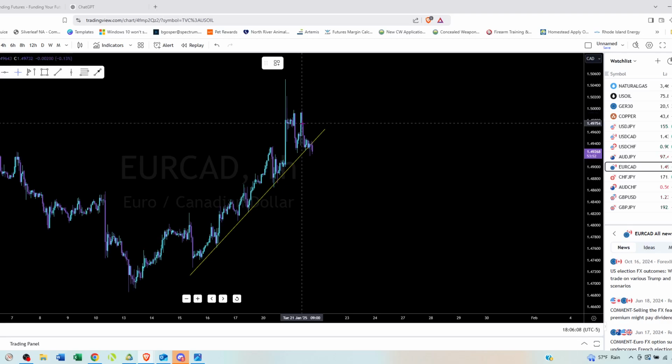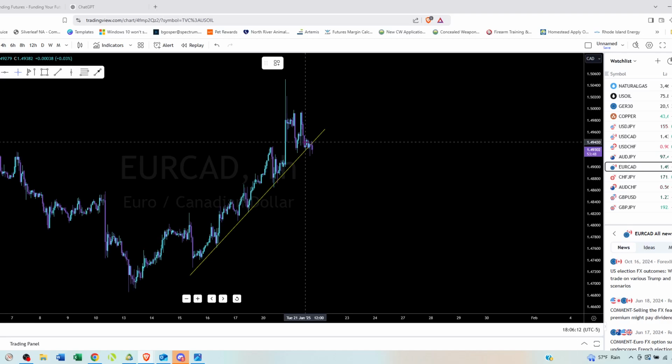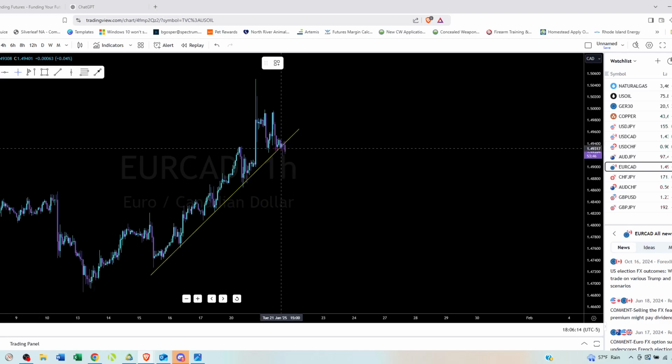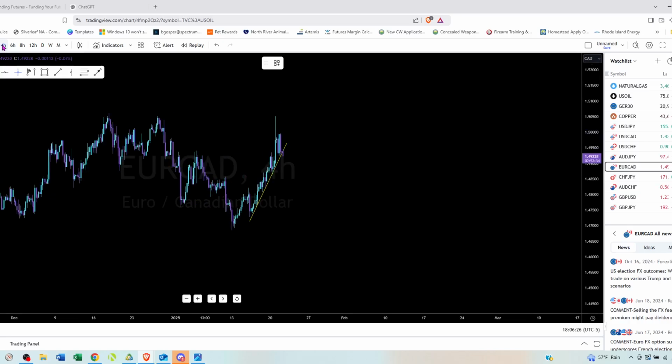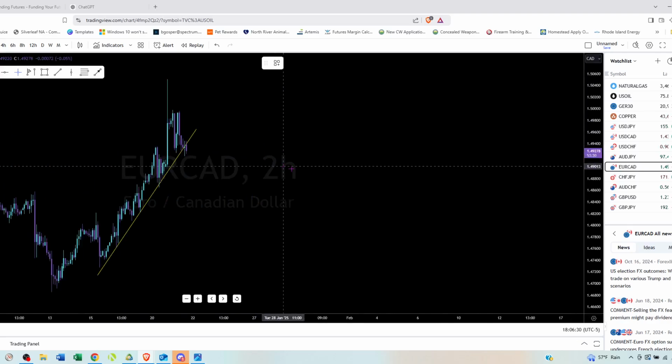I got into a little profit, and then it started moving down again. I didn't like the aggressiveness of the bearish move, so I exited. And you can see that probably was a good move. I probably would have been stopped out because I had my stop sitting below this swing, and now we're sitting just below the trend line on the hourly chart. So I'll be curious to see if we get any follow through to the downside here.